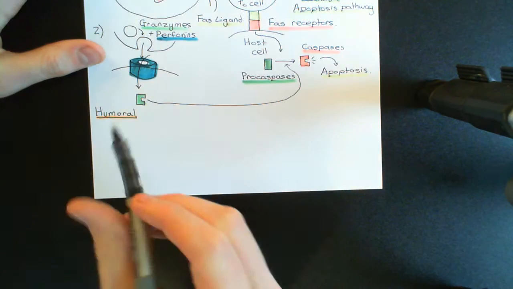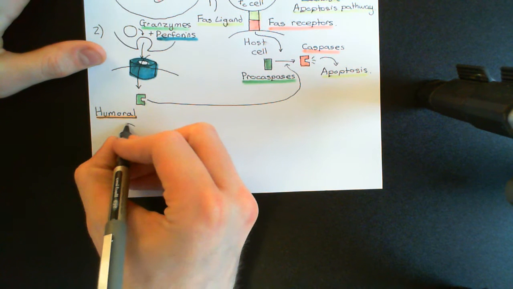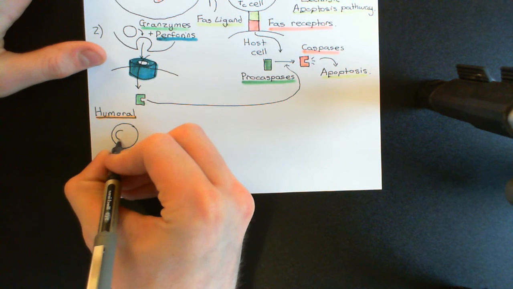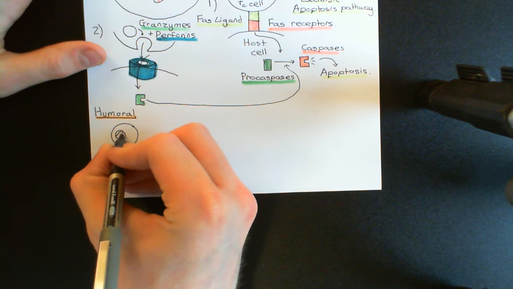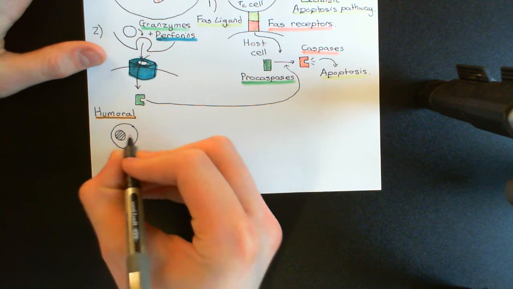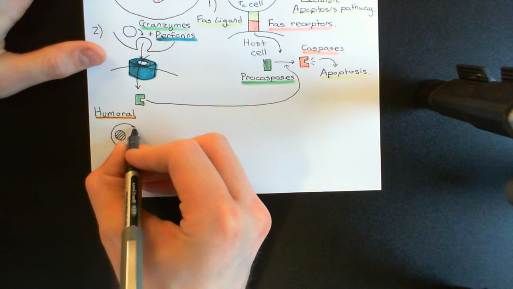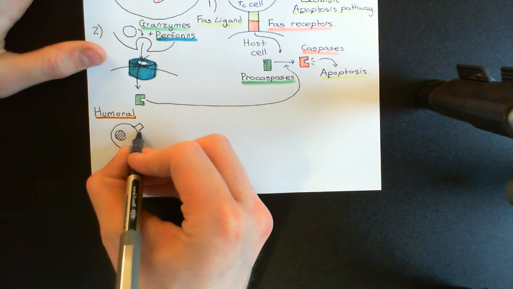Okay, so the humoral adaptive immune response. So now let's study an effector T helper cell. The first thing that I want to discuss is that these effector T helper cells are going to put on their surface a molecule known as CD40 ligand.